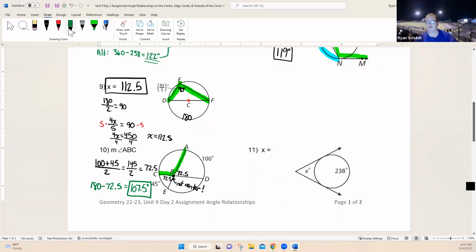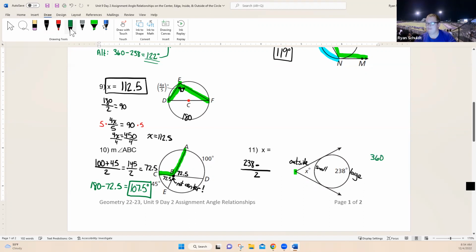Okay, number 11, last one. Notice that these two lines that make our angle that's outside the circle encompass the whole circle. So this is my large arc. I need to get my small one, because since it's outside, we subtract. So I need 238 minus something divided by 2. Well, I have to figure out what that small arc is.